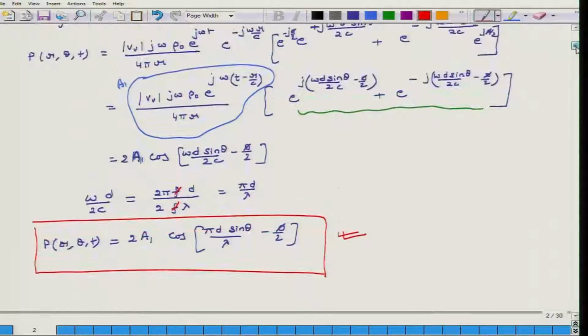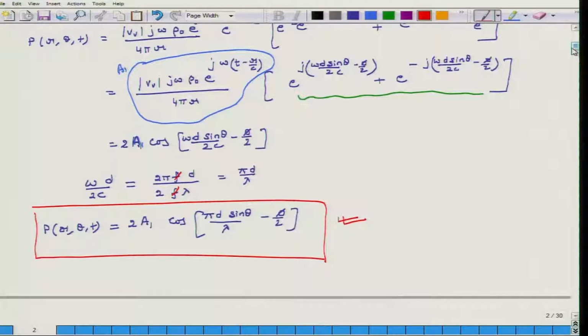Now, let us look at this expression in detail. What we observe is that A1, so what is A1? It is the magnitude of volume velocity times j omega rho naught e to the j omega t minus r over c, divided by 4 pi r. So, A1 does not depend on theta, it does not depend on phase, and it does not depend on the distance between the two sources.